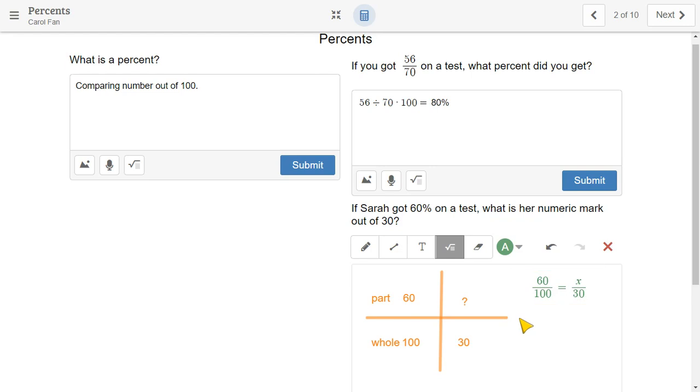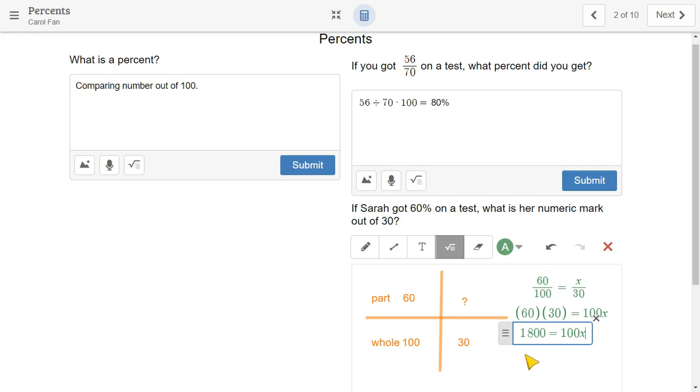Let's cross multiply. 60 times 30 is equal to 100x. Throw that into your calculator. 1800 is equal to 100x.